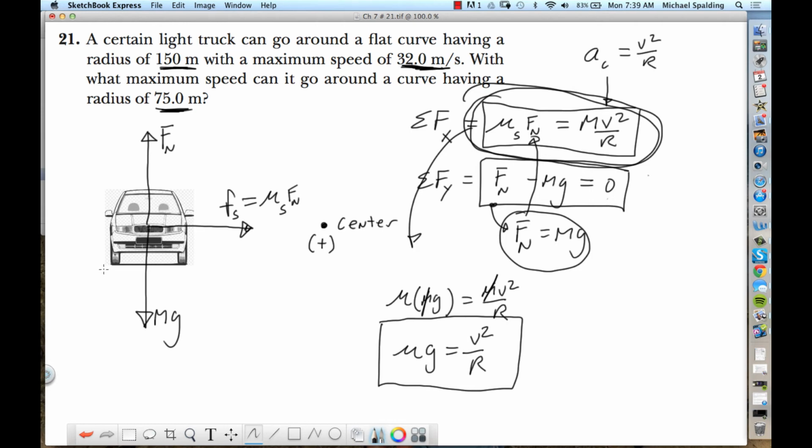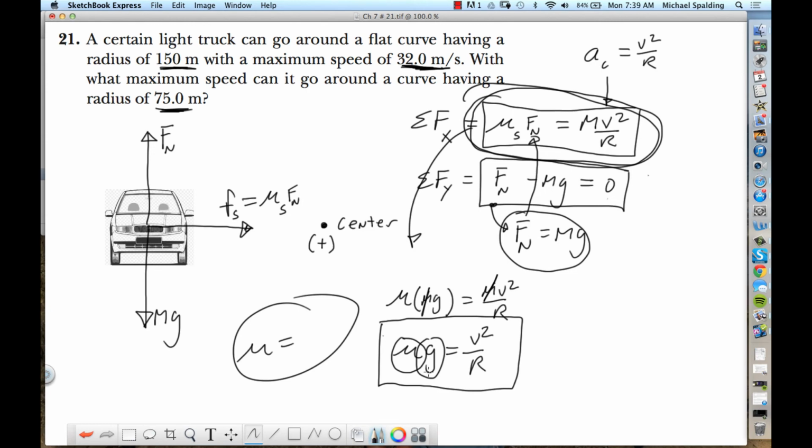But the road's the same, the tire's the same, so the coefficient is constant. And how about gravity? Gravity is also constant. So look, what you could do here is you could solve for mu. You could use situation 1, figure out what mu is, then go to situation 2 and calculate velocity.